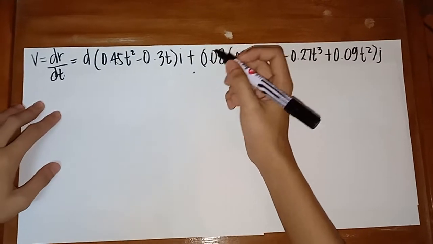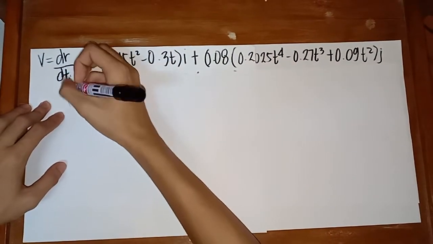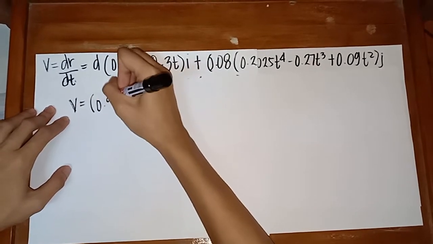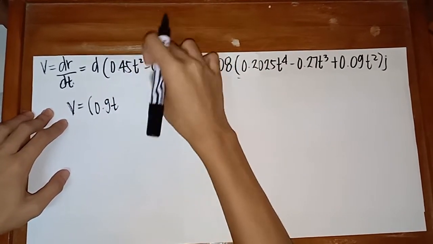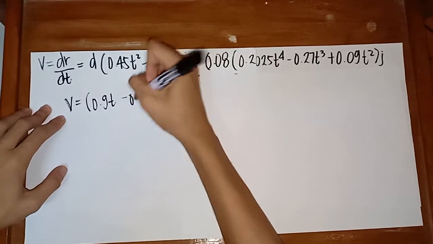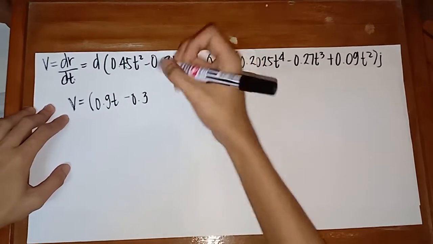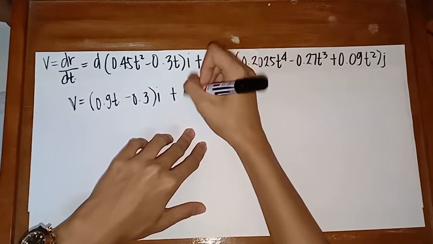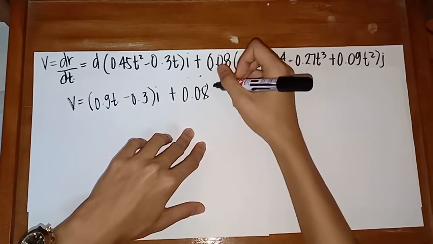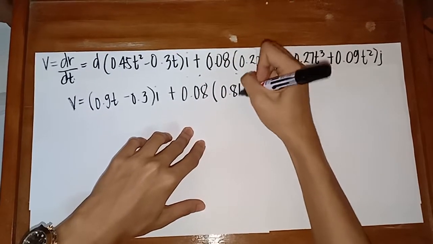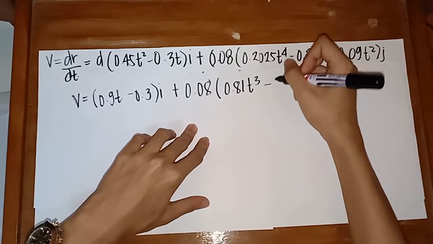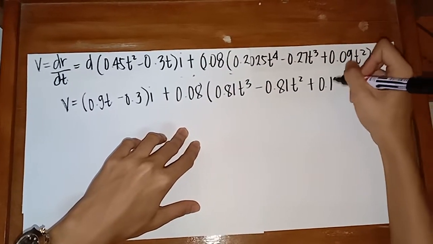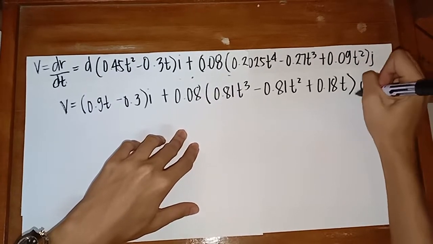So, makukuha natin yung velocity which is 0.9t, yung derivative ng 0.45t squared minus 0.3, i, plus, ganun din yung pangalawa which is 0.08 times 0.81t cubed minus 0.81t squared plus 0.18t j.